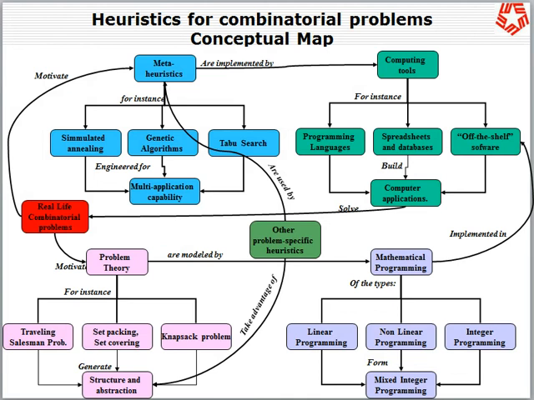So real-life combinatorial problems motivate the understanding of the problem theory, and they also motivate the generation of more meta-heuristics. These meta-heuristics are implemented in computing by using computing tools, just as mathematical programming is implemented in off-the-shelf software.